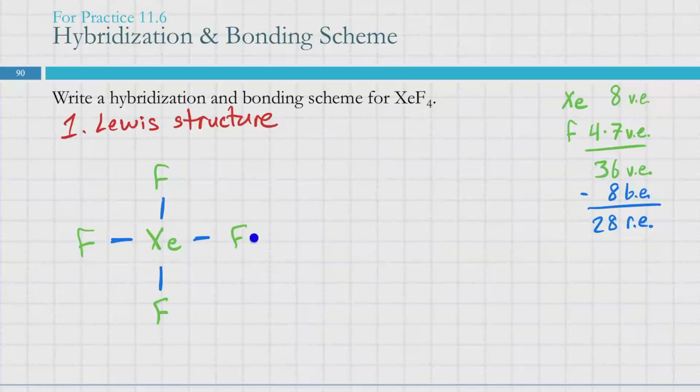So our fluorines each already have 2 electrons. How many electrons are we trying to get them up to? 8. So we need to go from 2 to 8. That means we're adding 6 to each, and that's 6 to each of the 4 fluorines.